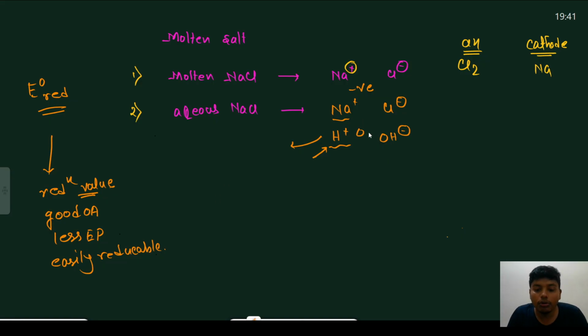So who will easily get reduced? H plus. If H plus easily gets reduced, then at the cathode, instead of sodium, we will get hydrogen.